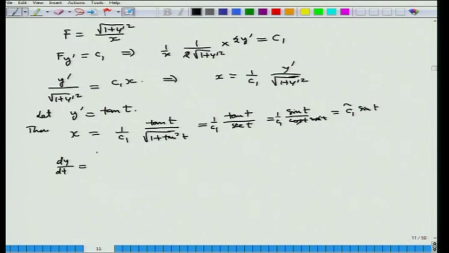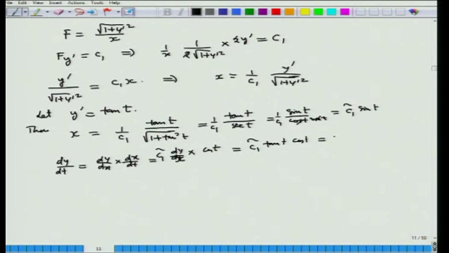So here dy by dt is dy by dx into dx by dt, where dx by dt is c1 tilde cos t, and dy by dx is tan t, into cos t.